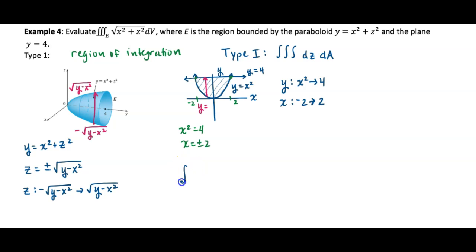So let's set up this triple integral. Our outermost bounds are going to be those constants, so from negative 2 to 2. Our second set of bounds is where y is a function of x, so from x squared to 4. And our third set of bounds is going to be our z bounds as a function of x and y, so from negative root y minus x squared to positive root y minus x squared.